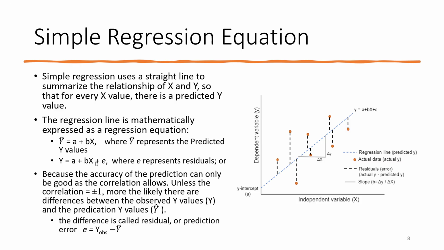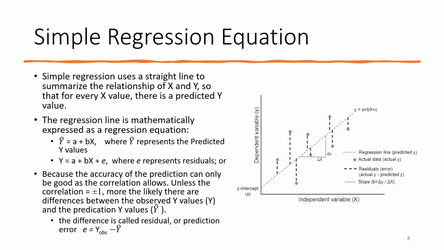The equation can also be written as y equals a plus bx plus e, where e represents residuals. Because the accuracy of the prediction can only be as good as the correlation allows, with stronger correlation leading to more accurate prediction.